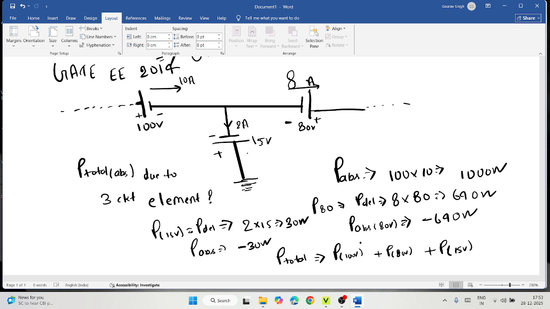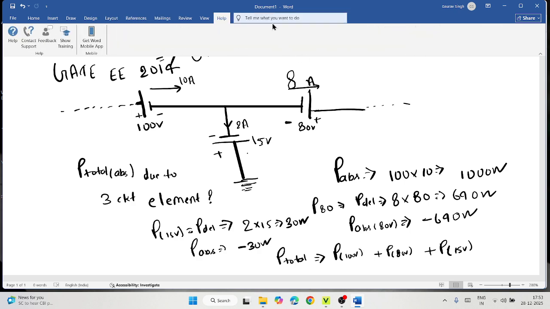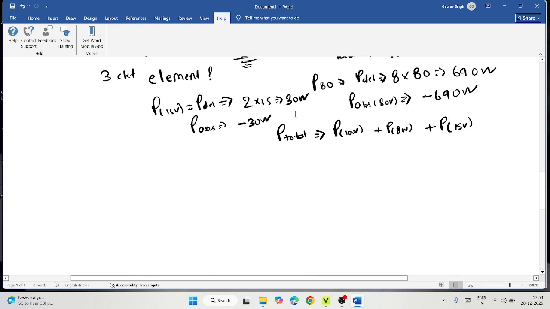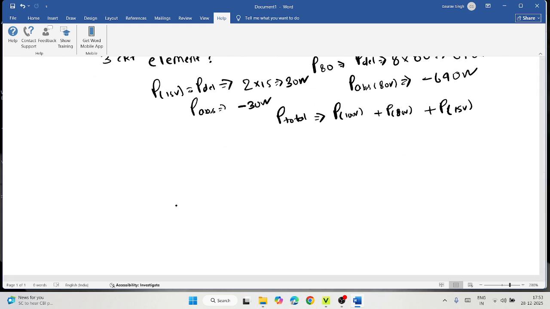So the total power absorbed is equal to the power due to the 100 volt voltage source, 1000 watt, plus the power due to the 80 volt source, minus 640 watt, and the power due to the 15 volt voltage source, minus 30 watt.